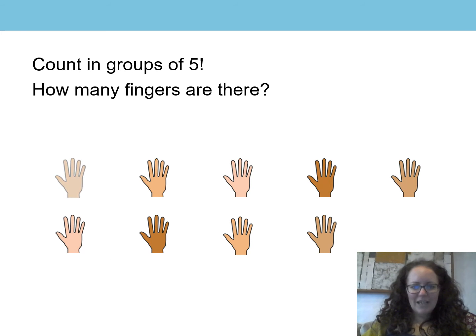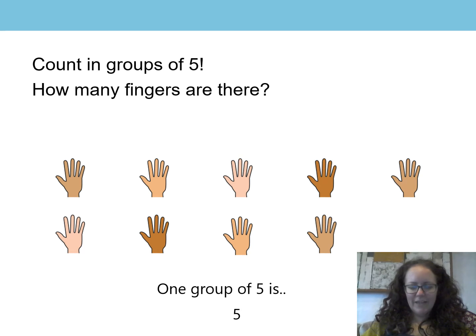Now let's see if we can count in groups of 5. Are you ready? One group of 5 is 5. Two groups of 5 is 10. Three groups of 5 is 15. Four groups of 5 is 20. Five groups of 5 is 25.